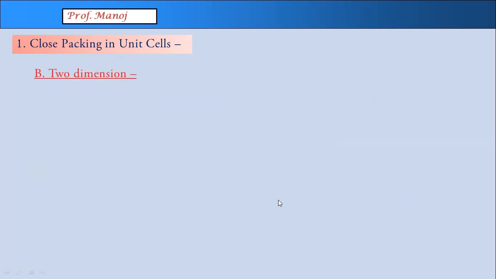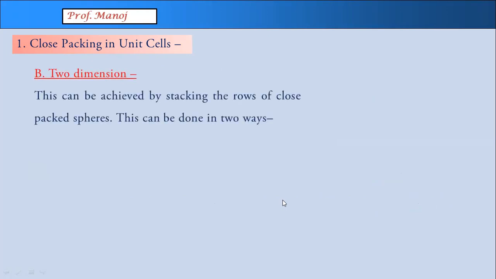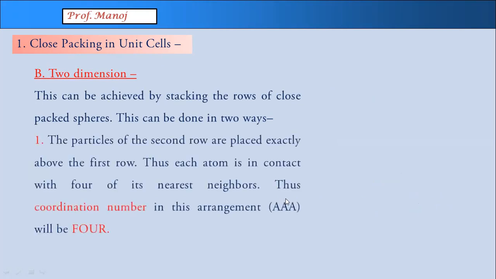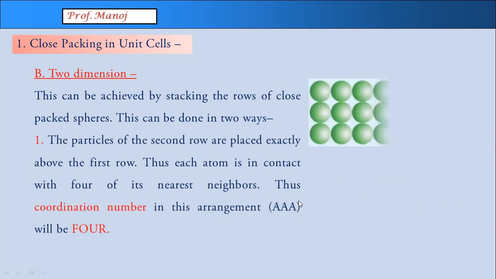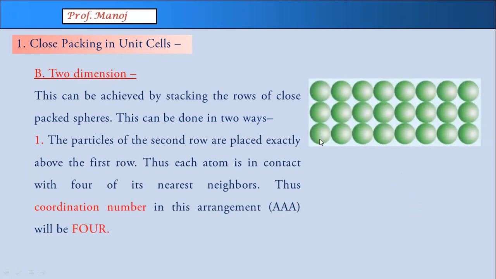Next one, number B, is 2 dimensions. Now in 2 dimensions, we are going to stack rows of this same thing. There are two ways in which it can be done. Number one is like this. This is the same diagram we saw. I have stacked another level of the same type over it, a third one over that, then fourth, fifth, seventh, imagine.